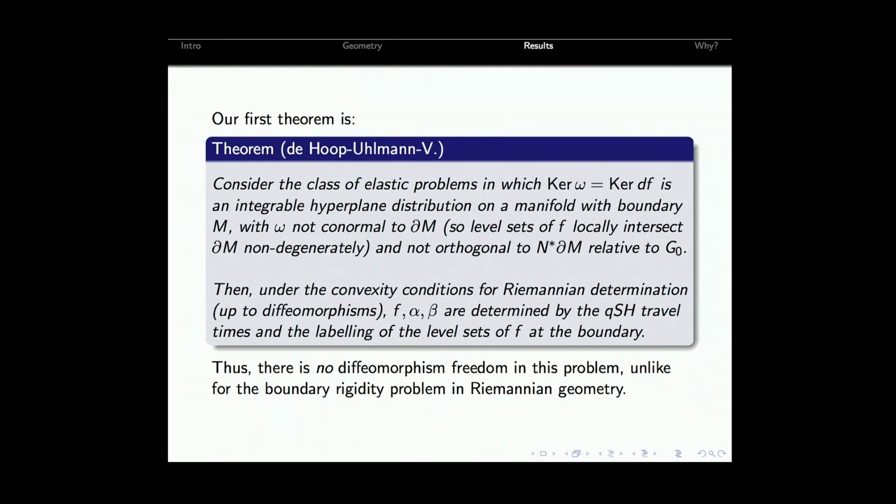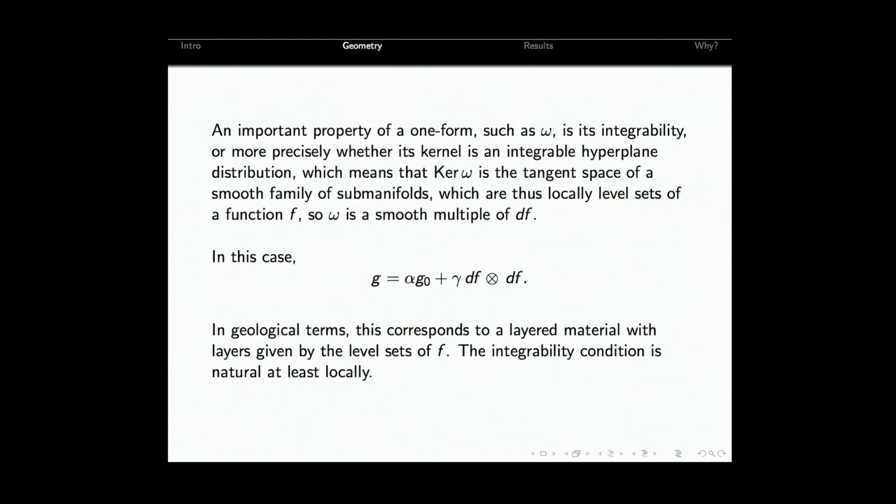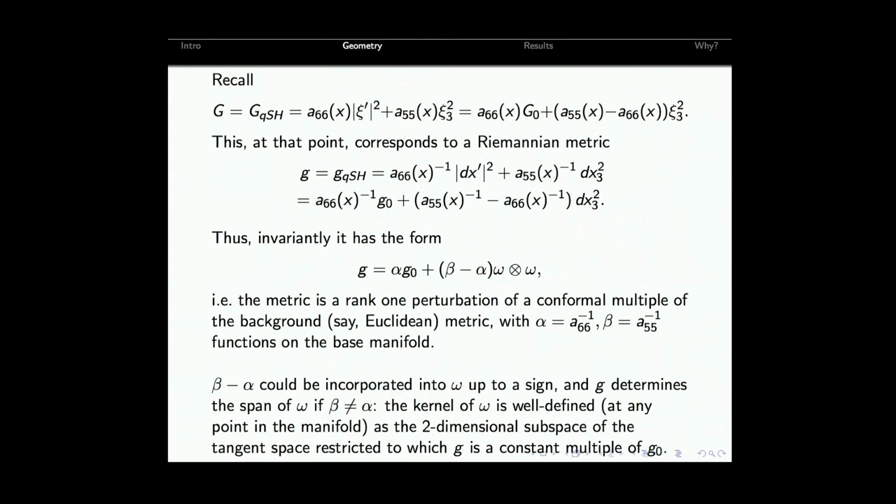And so under this integrability hypothesis, together with some non-degeneracy statement, this function f, whose level sets, the normals to this level set give you the isotropy axis, as well as, as I relabeled this, alpha and beta, was the earlier thing, right?